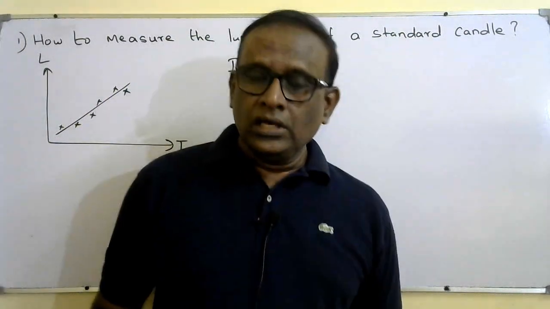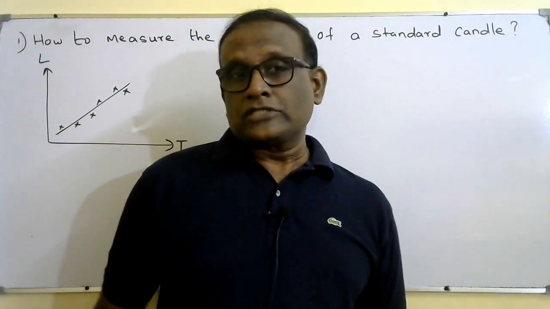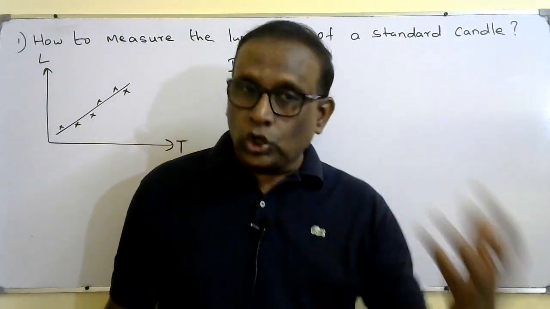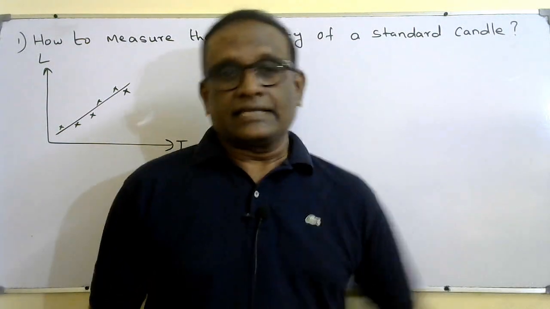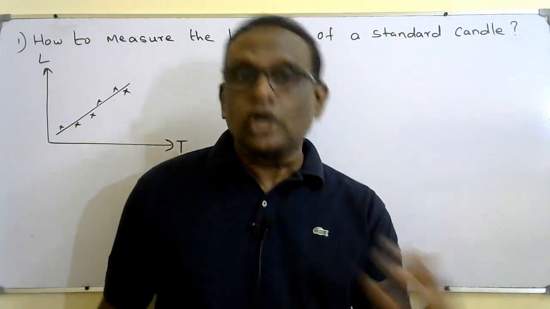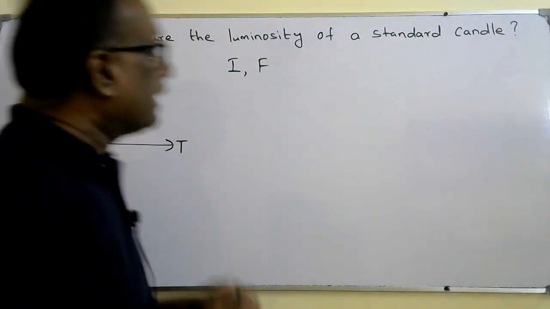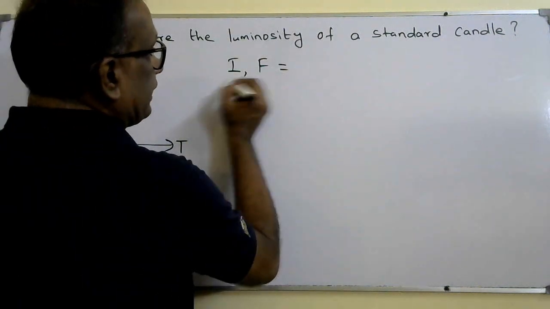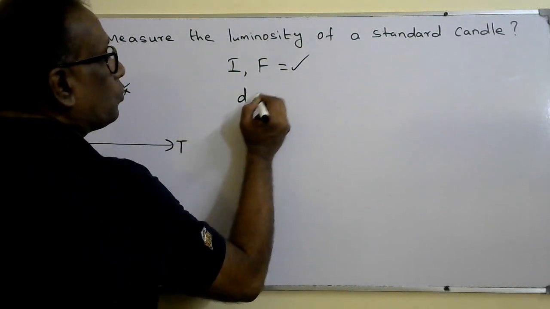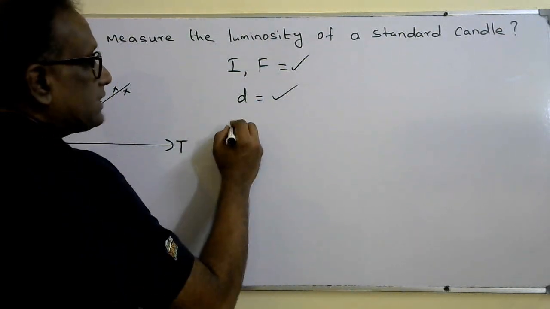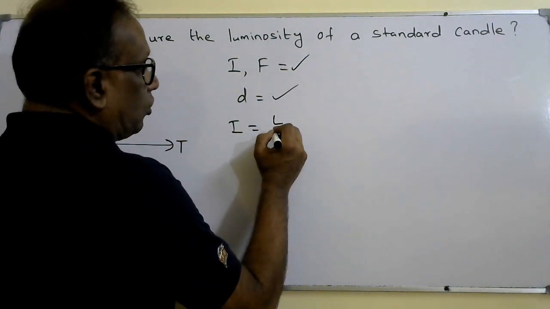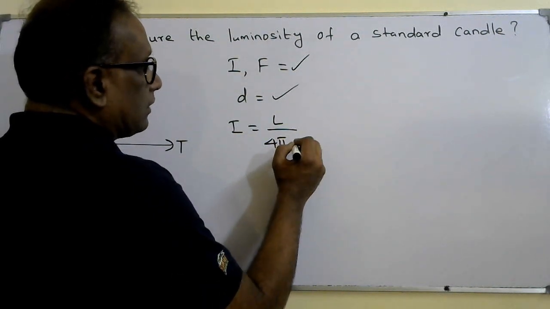Then we can measure their distance, because these Cepheid variables are closer to us in our galaxy, the Milky Way. We measure their distance by using the trigonometric parallax method. Intensity and radiation flux both refer to the same thing. We know the distance. So by using the inverse square law, I equals L over 4 pi d squared.